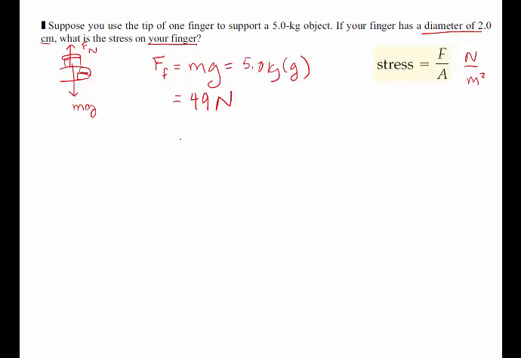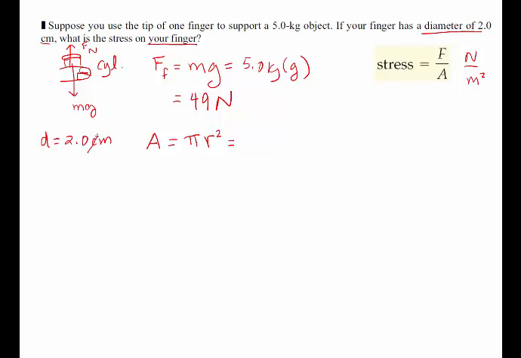Now I need the cross-sectional area. It's a circle because it's a cylinder, and we're only interested in that bottom area, so pi r squared. But we want to find it in square meters, so our diameter is 2 centimeters.